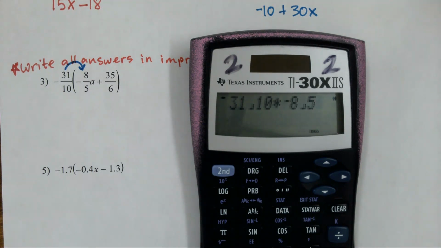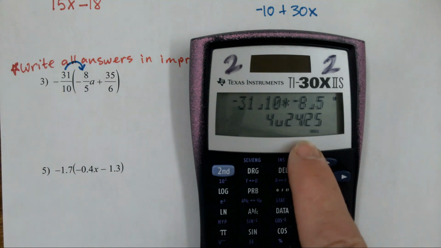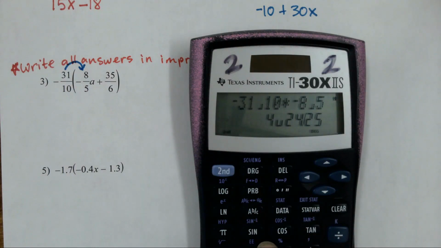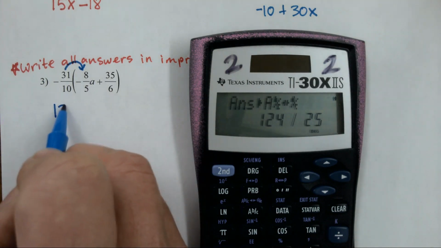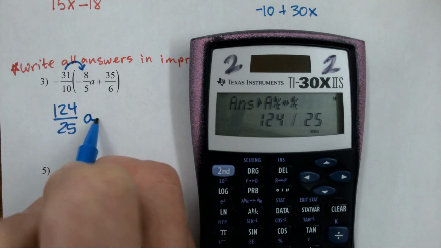We will attach it to the top number always, okay? So then I hit equals. That's a mixed number. I want it improper. Who remembers the keystrokes to get it improper? Second fraction key, enter. So I want 124 25ths. 124 over 25.